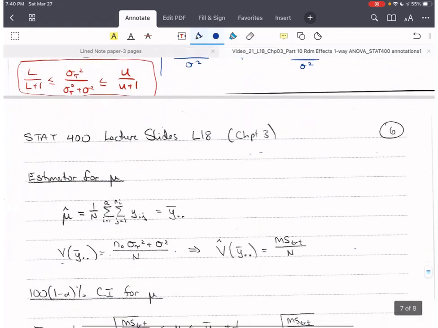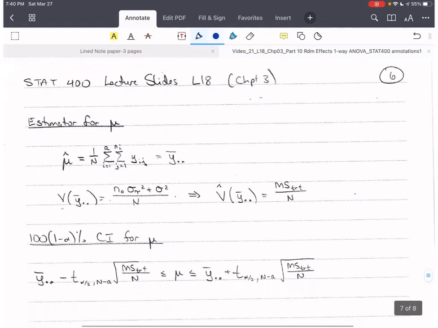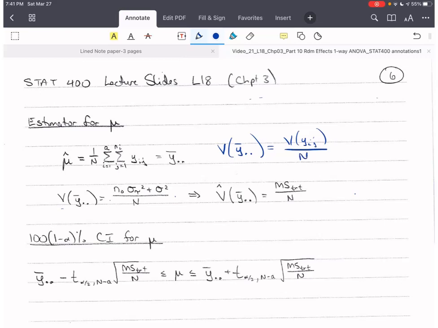Okay. Now the last thing that we want to estimate is mu. And so mu hat is simply y dot dot bar, the overall mean of the y's. When we look at the variance of y dot dot bar, it is equal to the variance of yij over n.